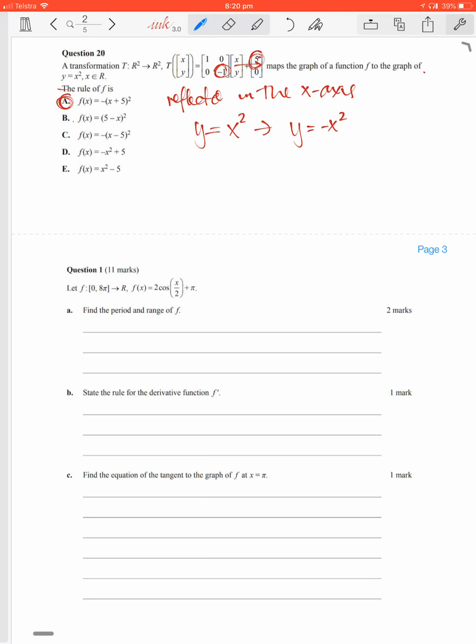So we want to translate it 5 units to the left. Here I should have written negative f of x, gives us that. If I want to translate it 5 units to the left, because it's been moved 5 to the right to get to here, so if I want to go back the other way, it's f of x plus 5, which is y equals negative (x plus 5) all squared, which is what we got either way.